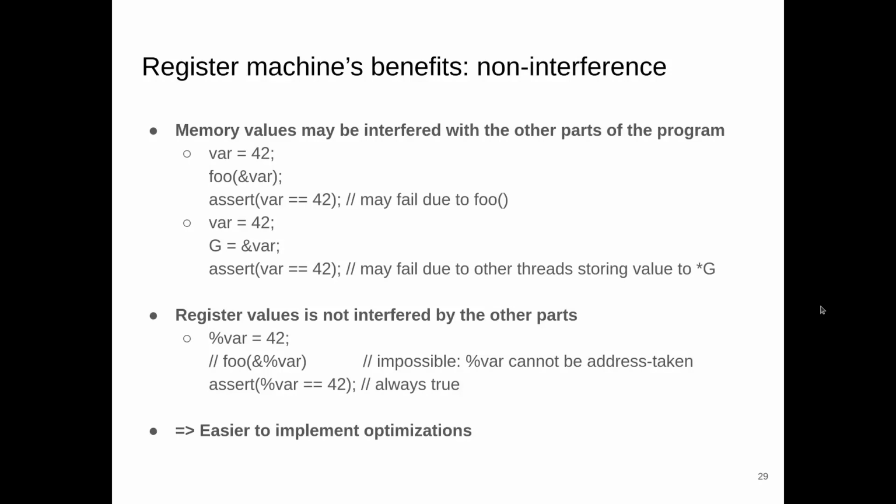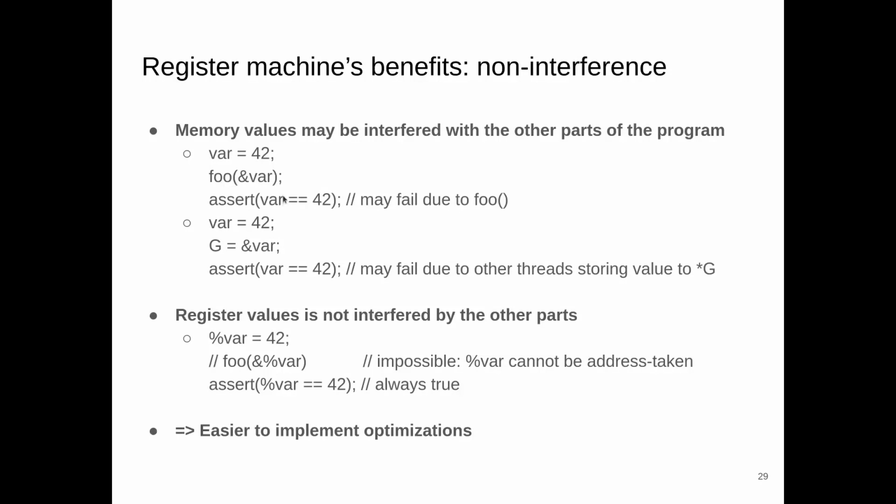The reason is that a register guarantees, by definition or by the properties of the language, that register variables are not interfered with by any other part of the program. So here's an example. Let's say that this var is a memory value, and its address is taken and sent to the function foo.